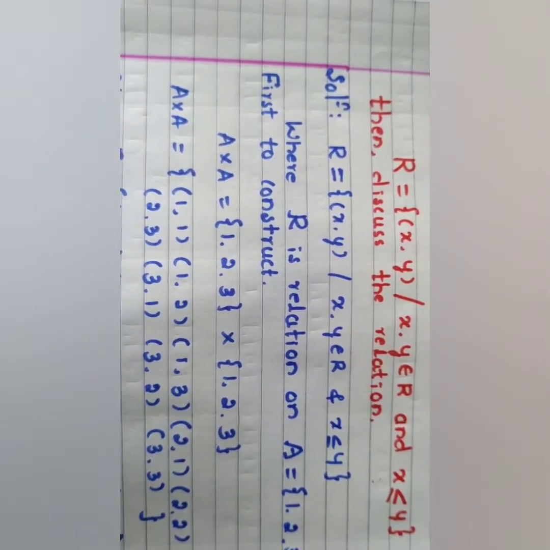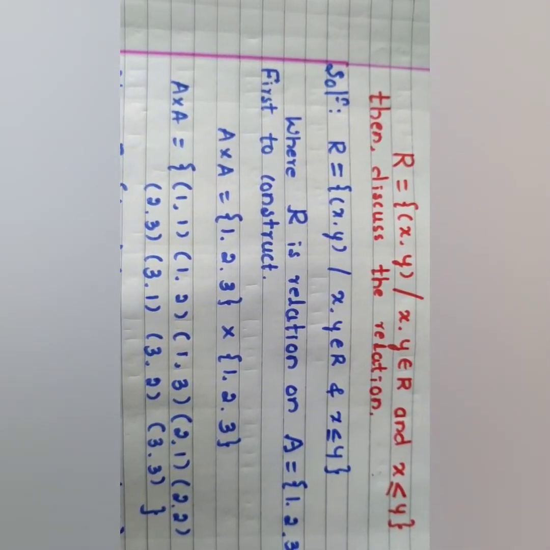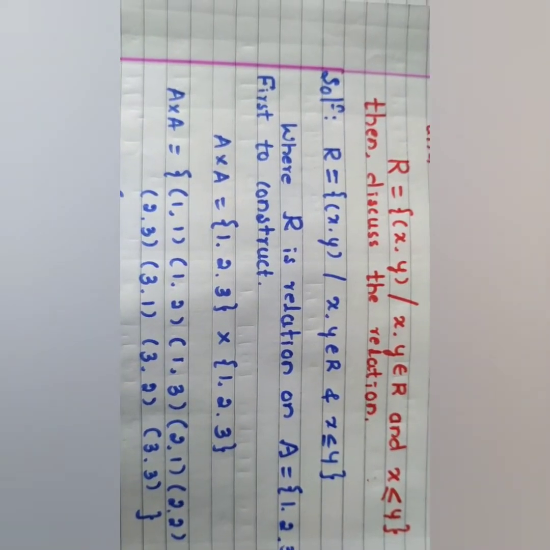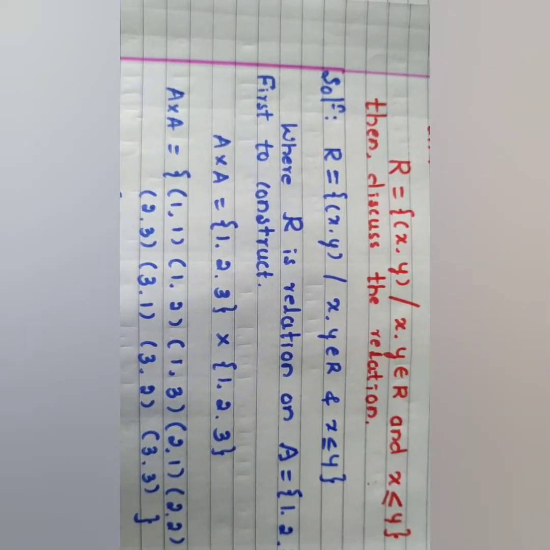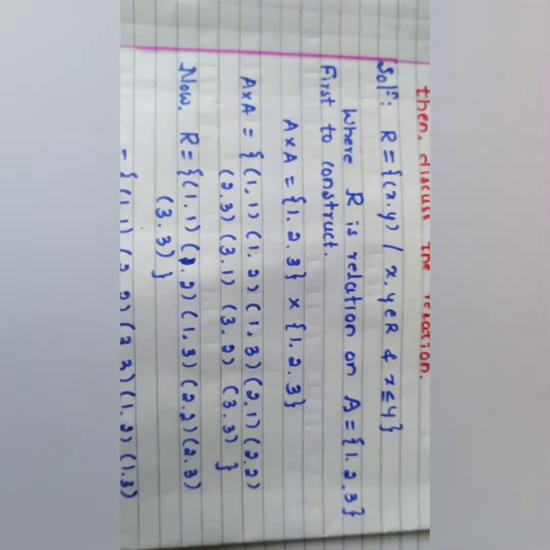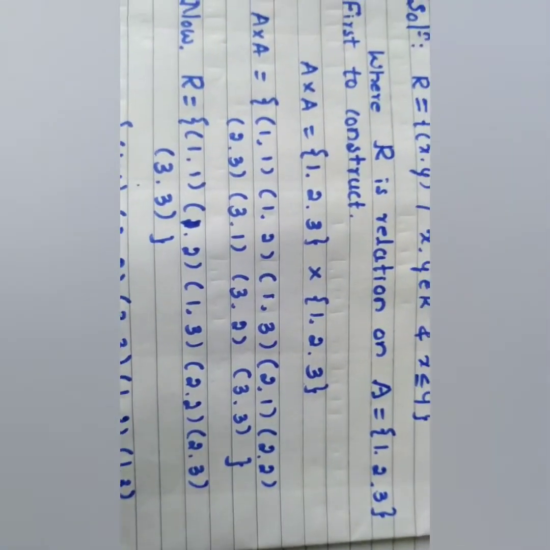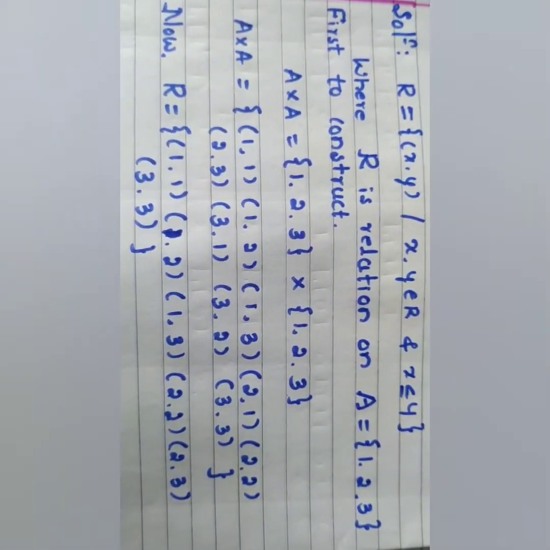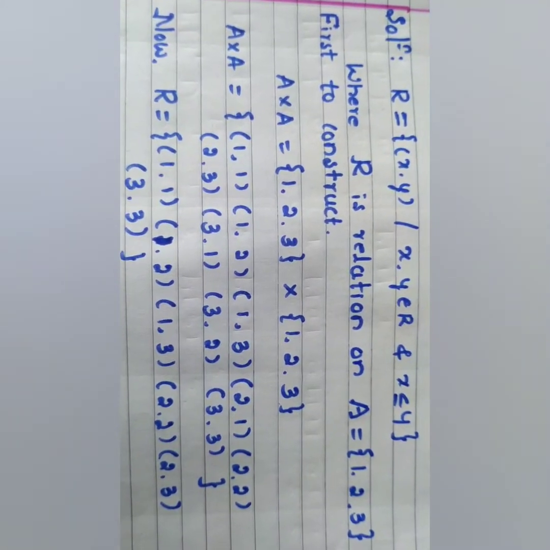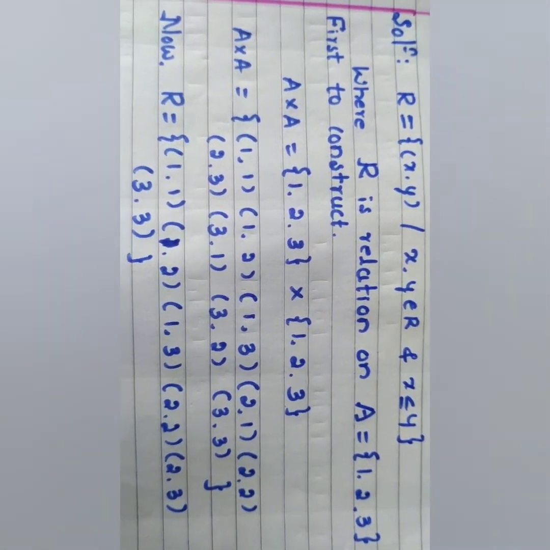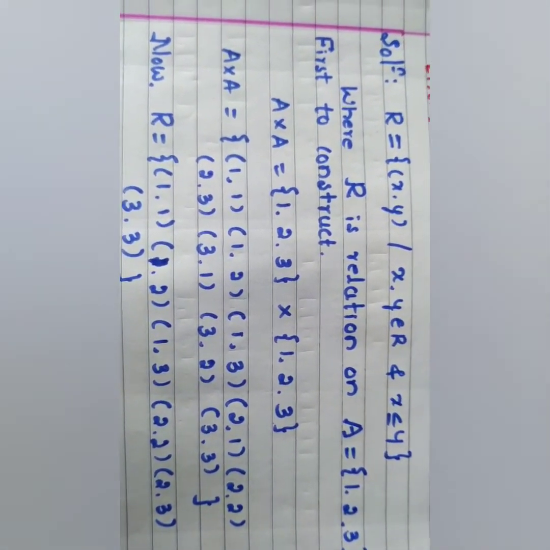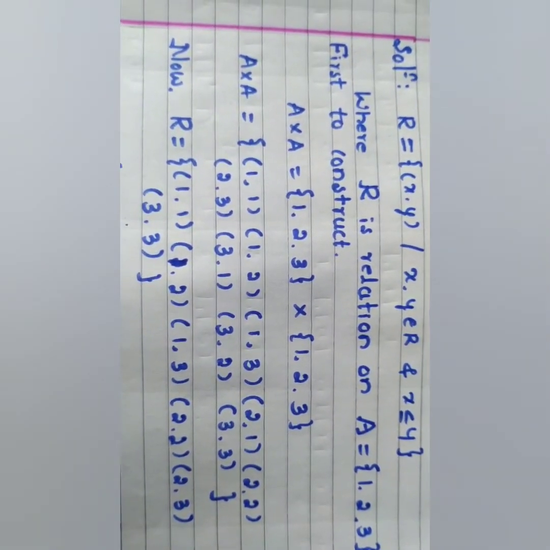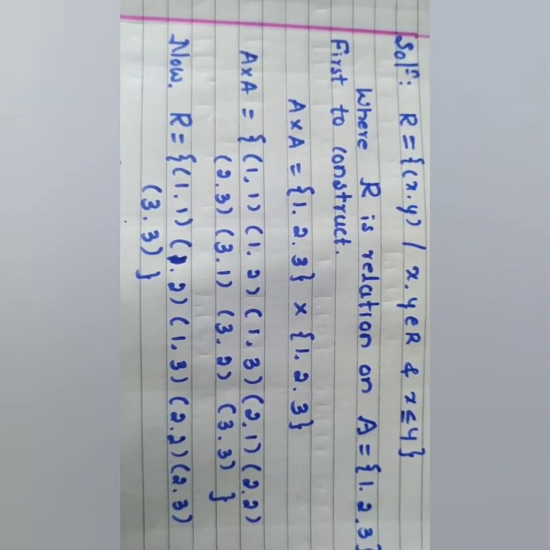Now our idea is to construct the relation R on A under the condition that the pair (x, y) has x less than or equal to y. R does not become all the A cross A elements. It should satisfy x is less than or equal to y. Now A cross A containing (1,1): 1 is less than or equal to 1 is true.